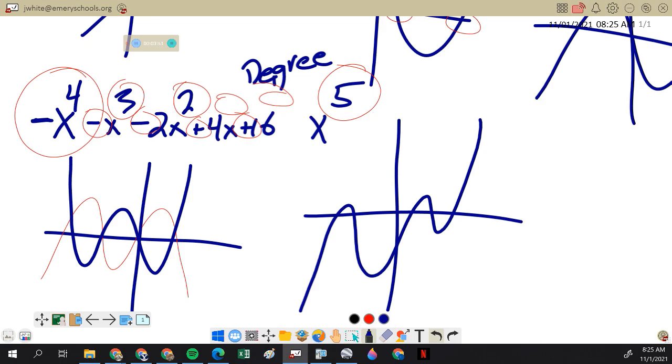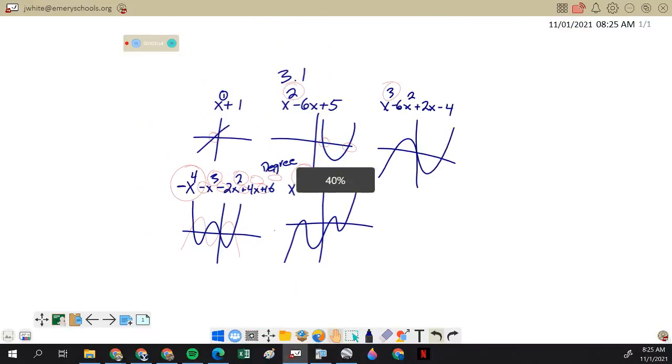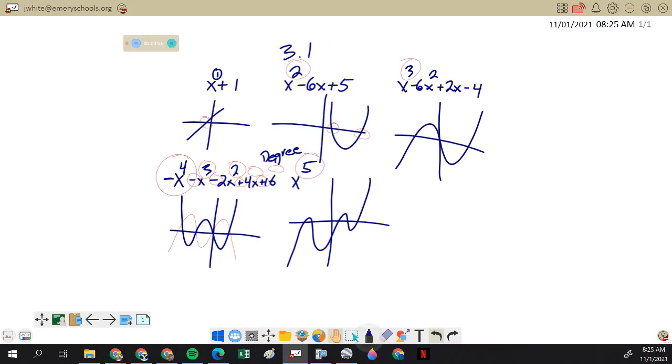And hopefully you noticed some patterns here. So we're going to ignore the ones, because that's not going to happen. What do you notice about the similarity between this one and that one? Do they have anything in common? The exponents are both even. What if I had an x to the sixth?